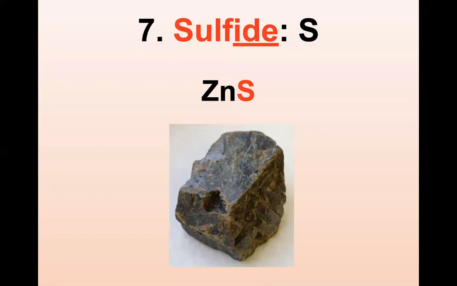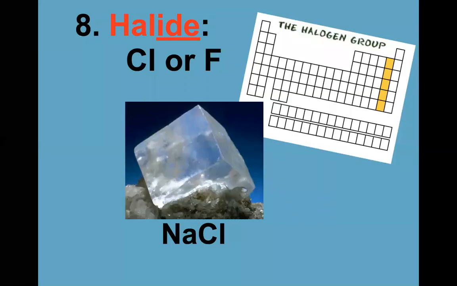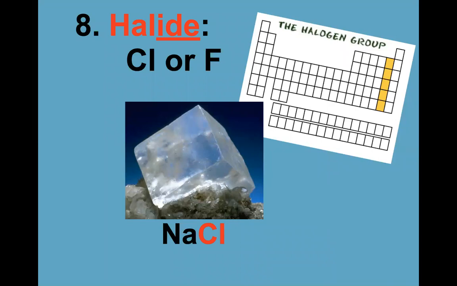This one's a little bit different, but not really. The halides. In the little drawing of the periodic table, that yellow column is the halogen group. It's a group of gases. The most common are going to be chlorine and fluorine. If you see a formula like this one for salt, sodium chloride, there was sodium and chlorine.